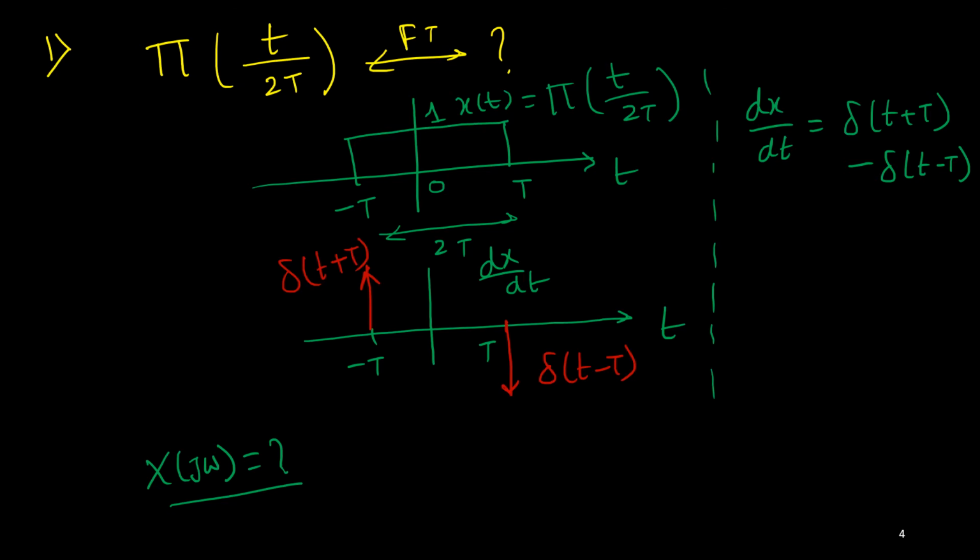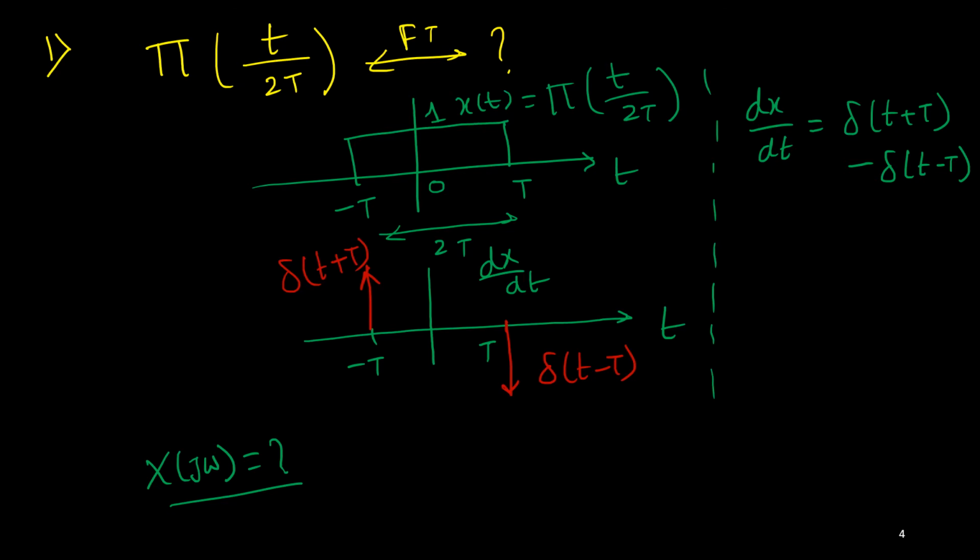So if you want to get the Fourier transform X(j omega) using the time differentiation property, you have to make sure that the original signal x(t) does not have any DC component. And if it does, then you need to take care of that. Otherwise you will get the wrong answer. So this is an important thing.